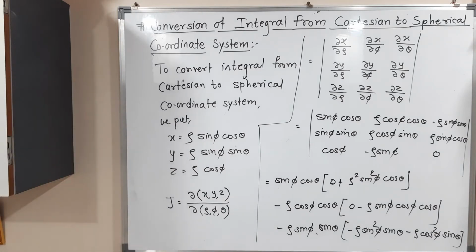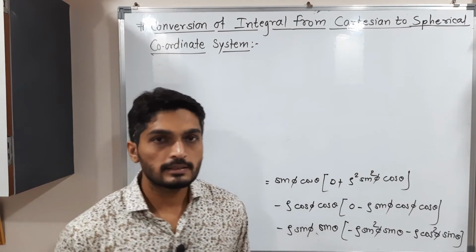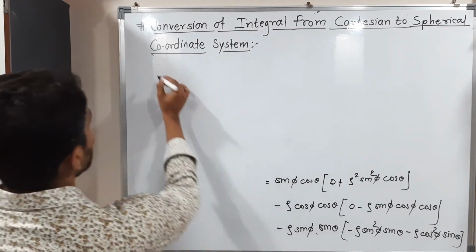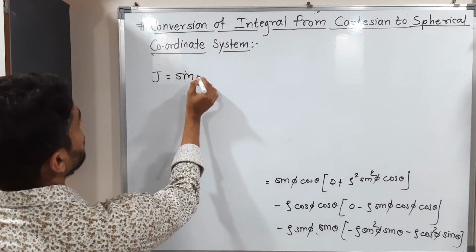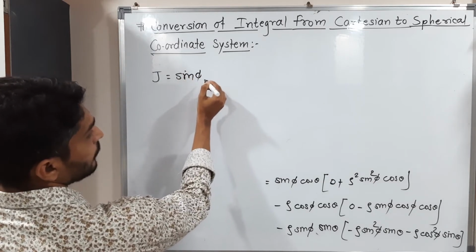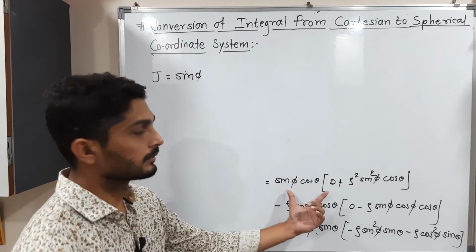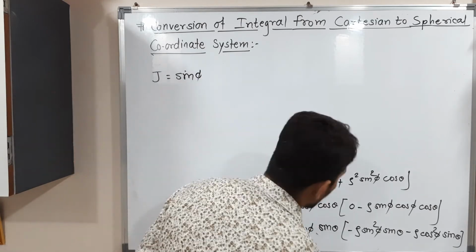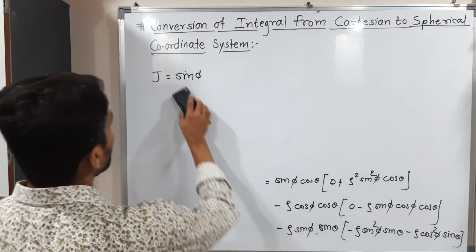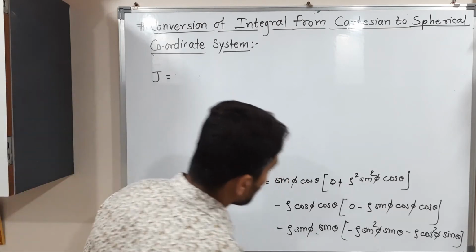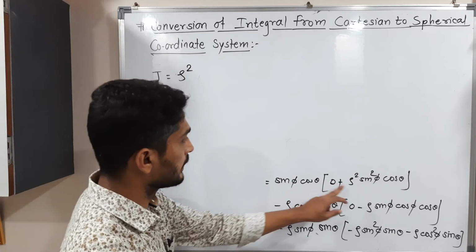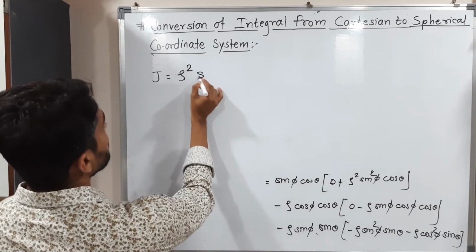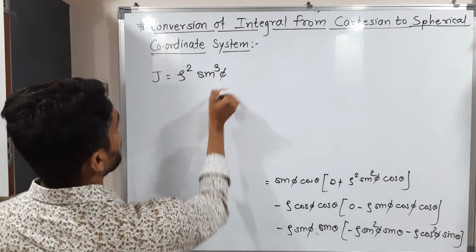After that we will go further. Let us simplify it now. Jacobian is equal to sin phi, okay. See, shall I take product? We can take product, 0 plus anything we will have same, no? So I will take product. The product will be rho square, and sin square phi and sin phi, sin cube phi.